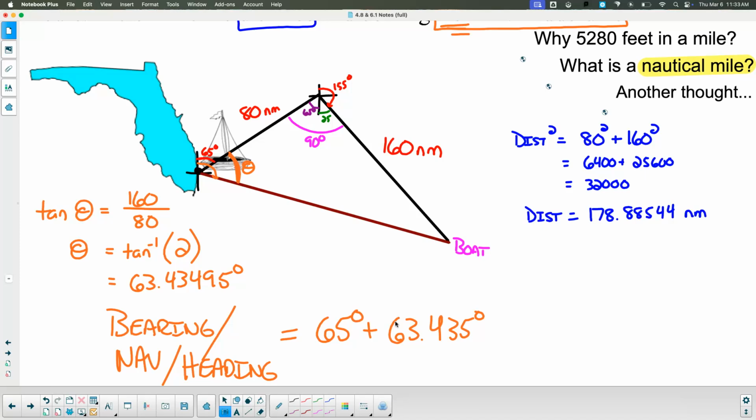So that's going to give me a bearing then of 128.435?